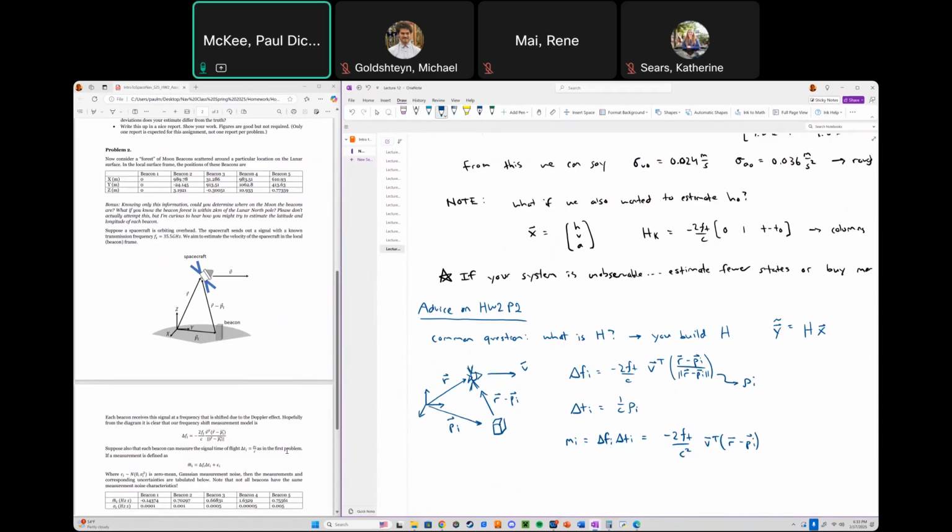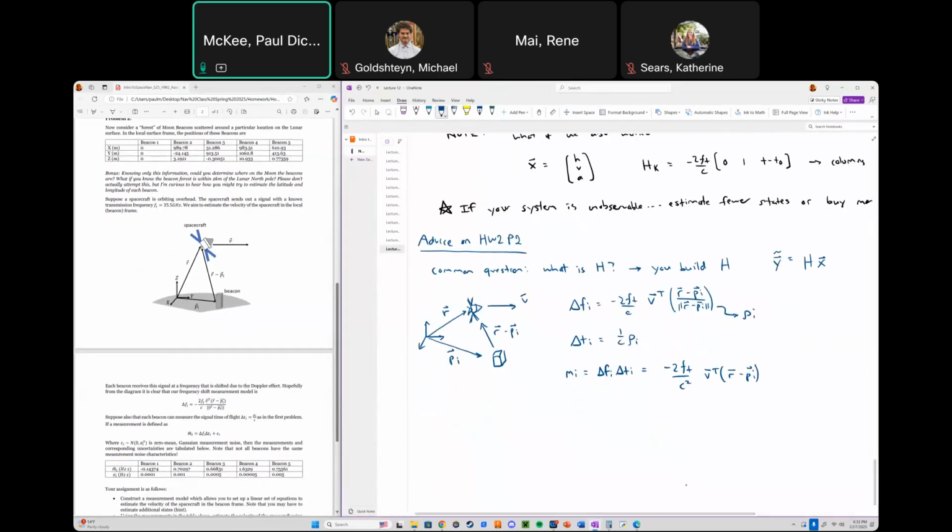So now what? Well, let's say m_i c squared over -2 transmission frequency, this mess, I'm going to call y_i. The measurements I give you in the data table are m_i, but if you scale them by c squared over -2 f_t, that's y_i. There's your measurement. And your measurement is just velocity transpose times r minus p_i.